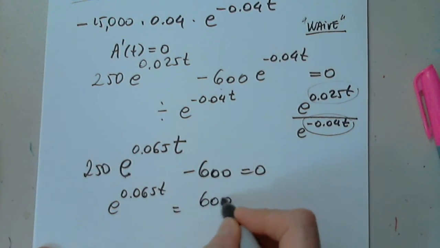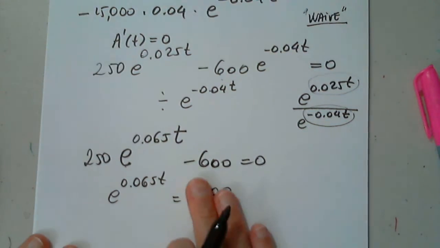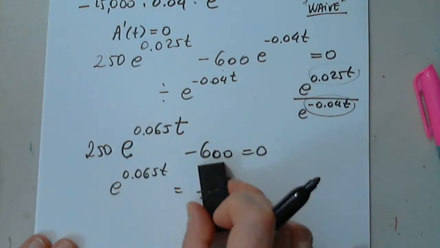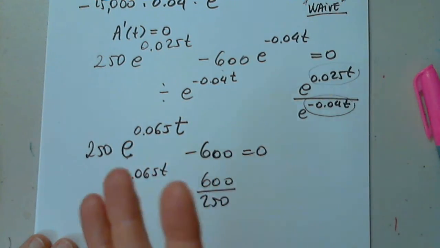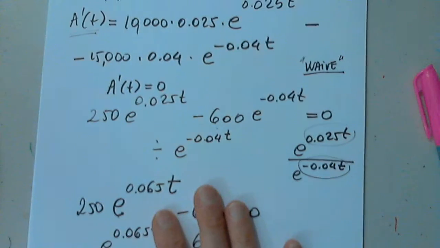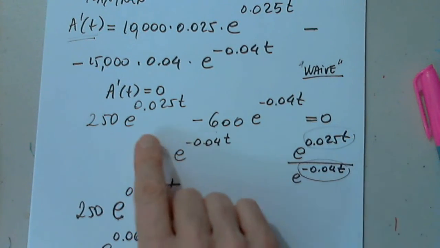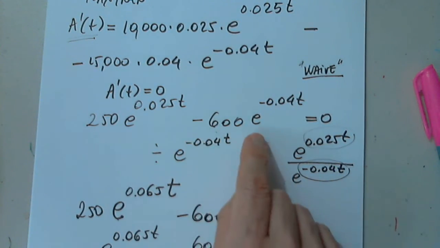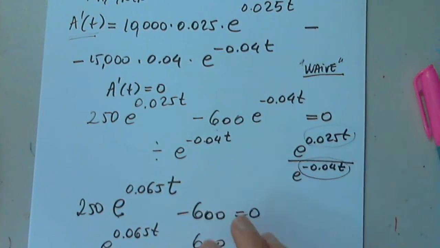And I have 600 over 250. You don't have to worry about simplifying this. It doesn't really matter. But how do I solve this equation now? This was the difficult part, to remember that when you have this situation with two e's, you can divide by one or the other to simplify.